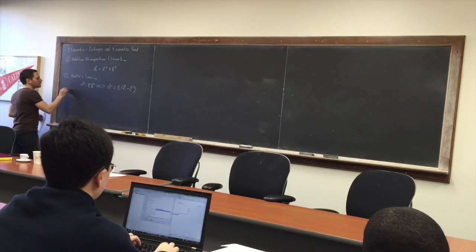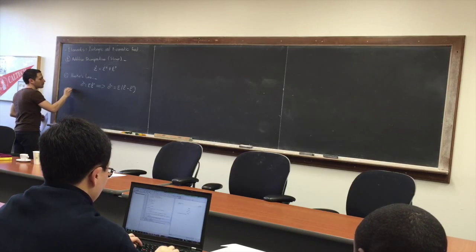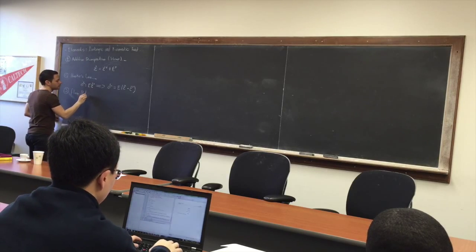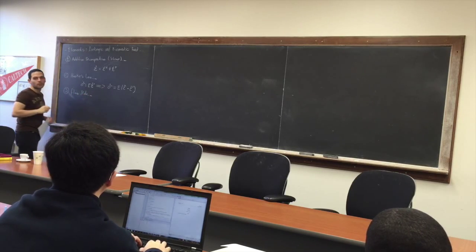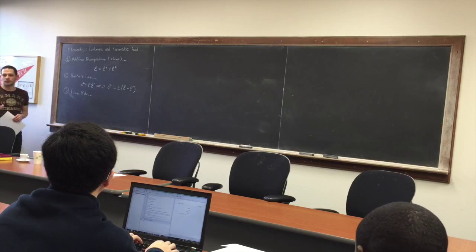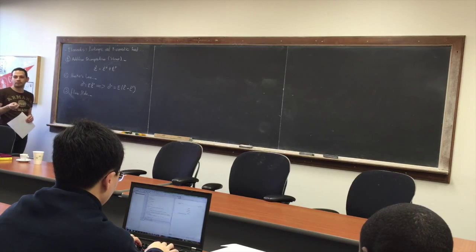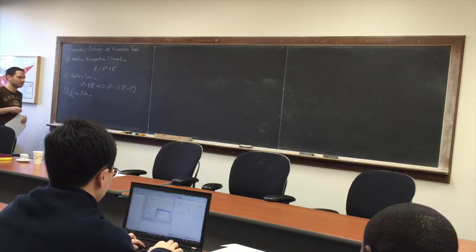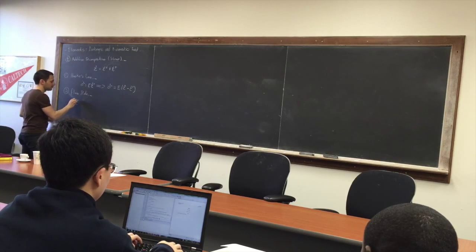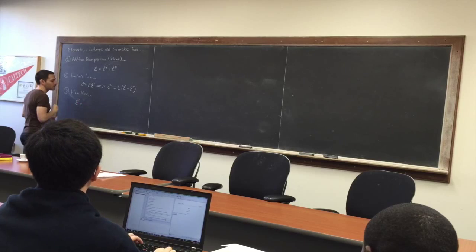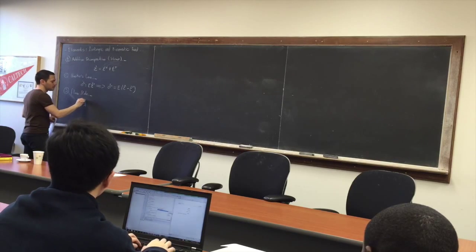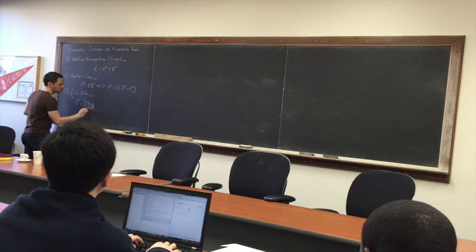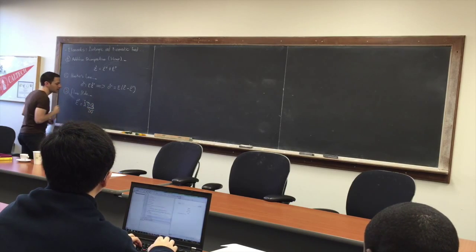A third ingredient is the so-called flow rule. So anyone that remembers this one. The plastic strain rate is equal to lambda dot times dQ d sigma.